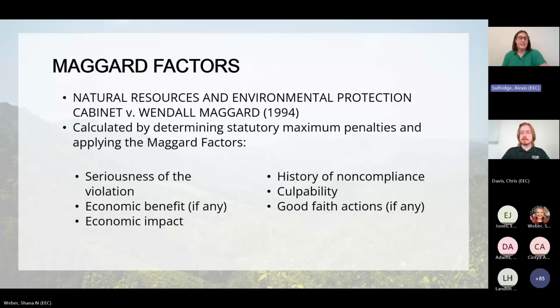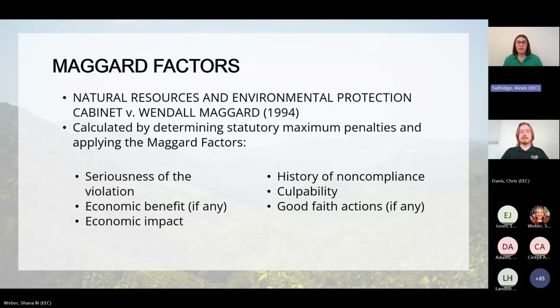Okay, thanks, Chris. So we do assess civil penalties in the civil enforcement branch. If notices of violation are unresolved and it results in a referral to enforcement, we will assess a civil penalty to deter future noncompliance. Now, how we calculate that has changed over the years.